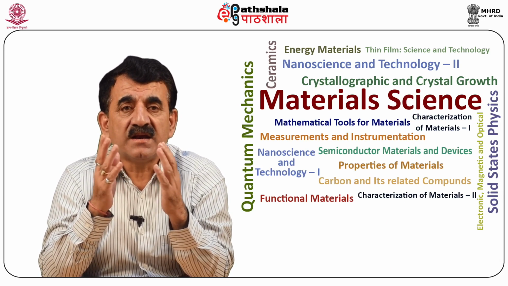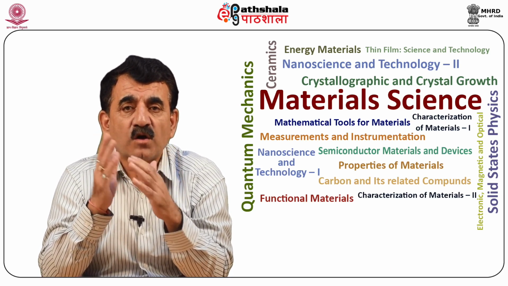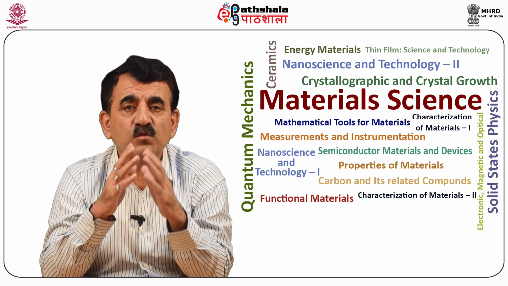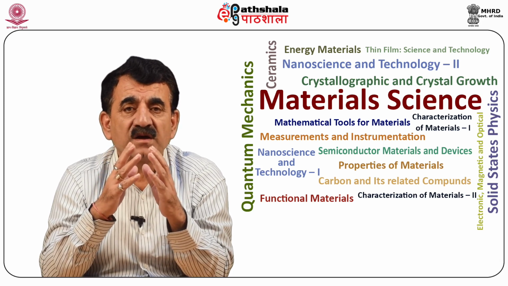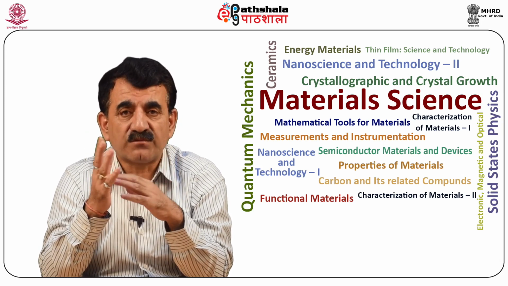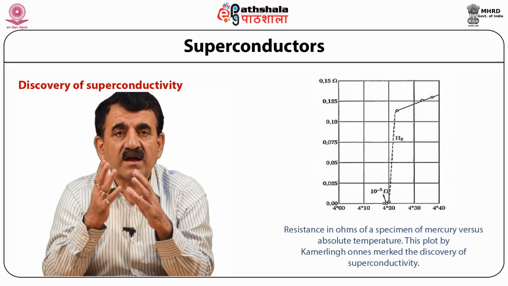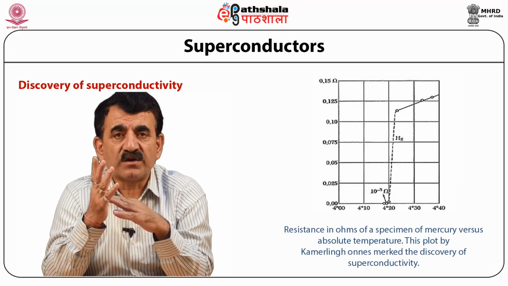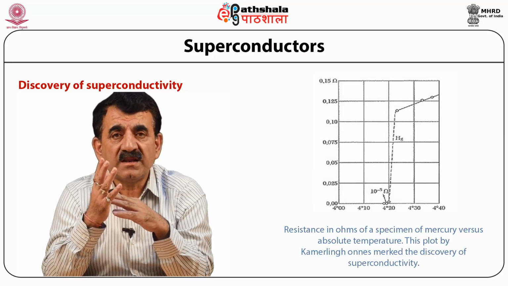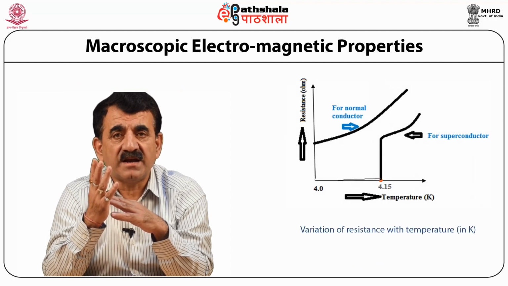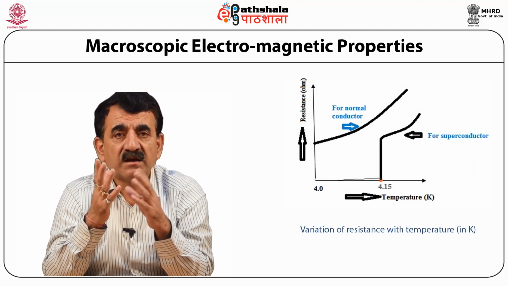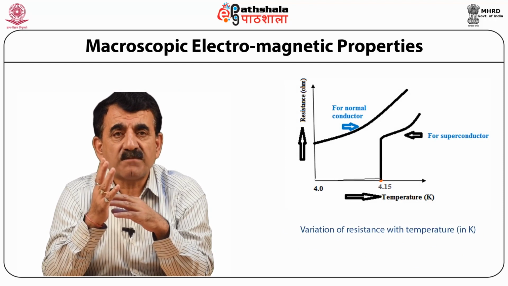We can clearly differentiate between a normal conductor and a superconductor by viewing this graph 1, where the liquefaction of helium in 1908 by Kamerlingh Onnes led to the starting step in the discovery of superconductivity.